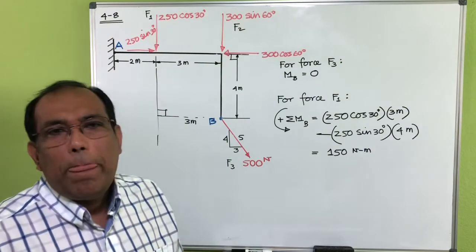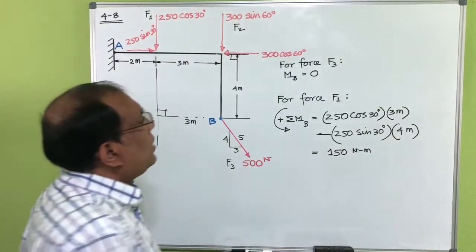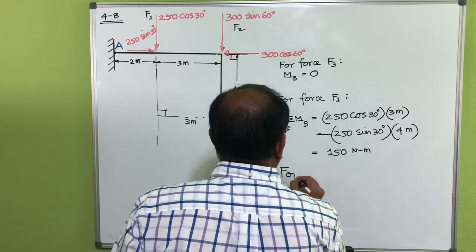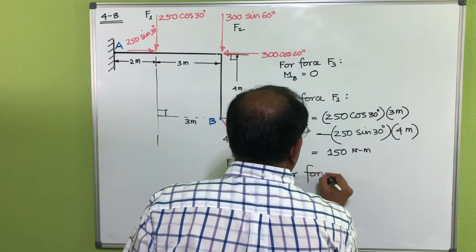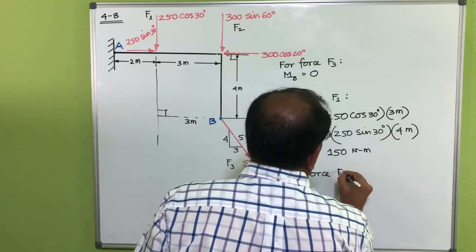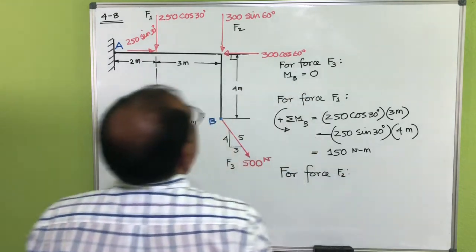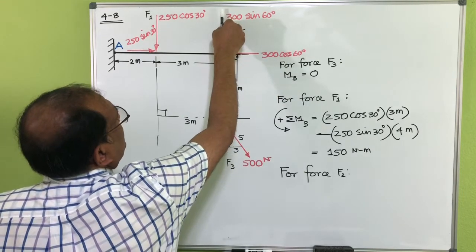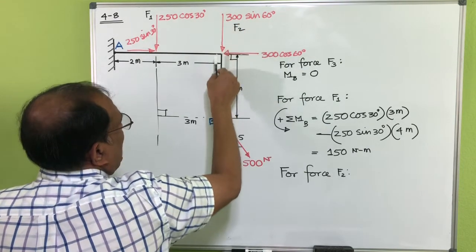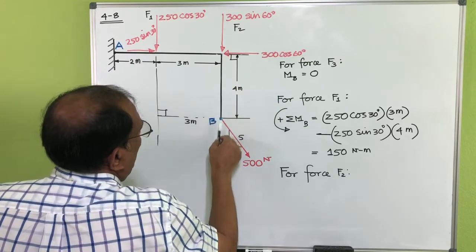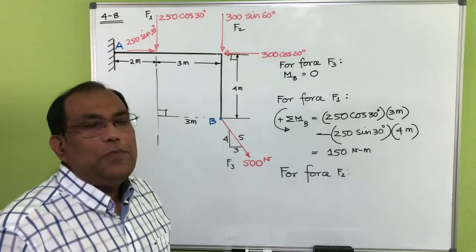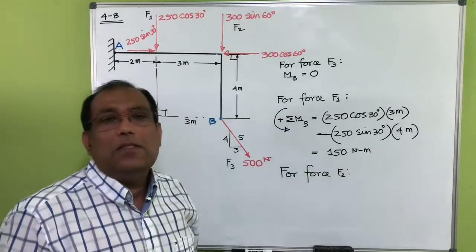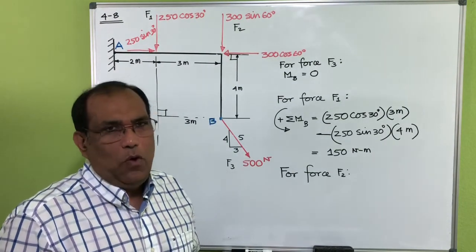Okay? Now if I try to do that for force F2, then you can see F2 has two components now. The line of action of this component is going through B. This means the distance from B to the line of action of this component is 0, so it doesn't have any moment.